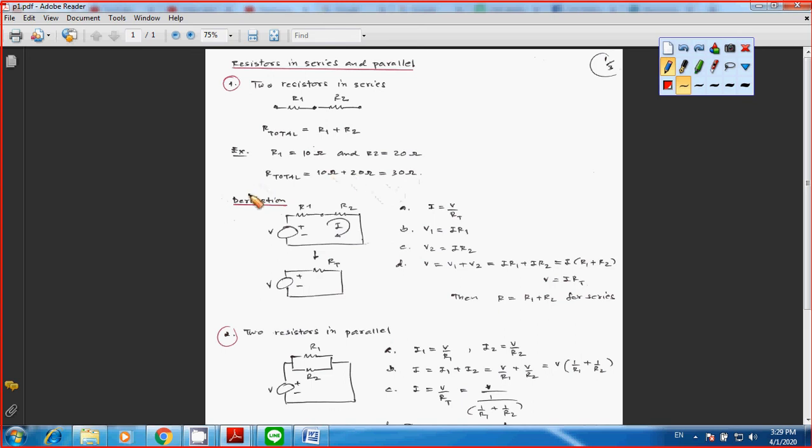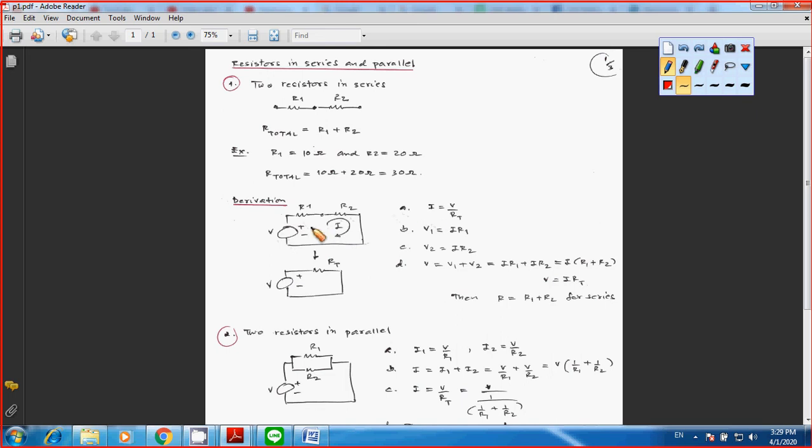But at this point, we're going to see by using Ohm's law how you end up with R total equal to R1 plus R2. So from the circuit diagram here, I have R1 and R2 connected in series and also connected to supply voltage V. And we start by Ohm's law.